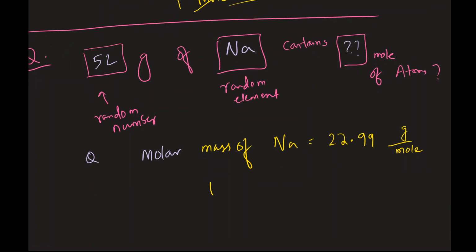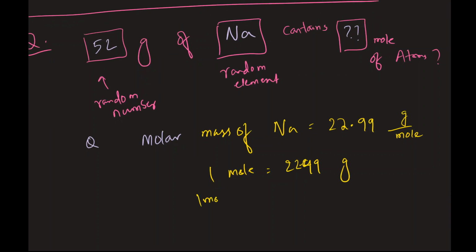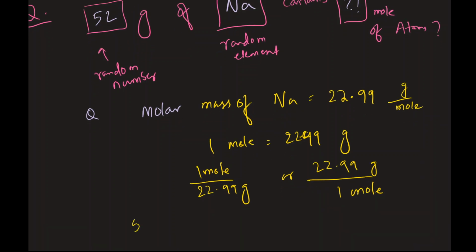So what's the equality term? For each 1 mole, it is 22.99 grams. The conversion factor would be 1 mole divided by 22.99 grams, or 22.99 grams per 1 mole. And how much do we have? 52 grams, and you want to find out how many moles that is.